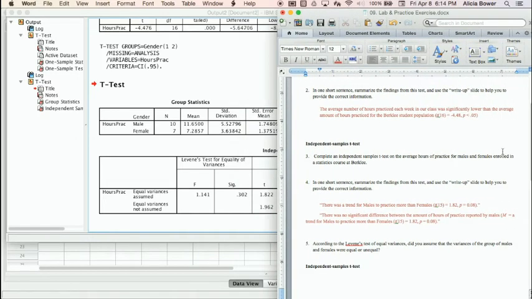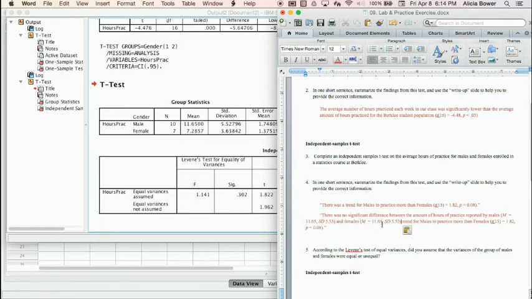Here we go. M equals 11.65. And the standard deviation for everybody, so they know what my descriptive statistics looked like. So there was no significant difference between the amount of hours practice reported by males and females.